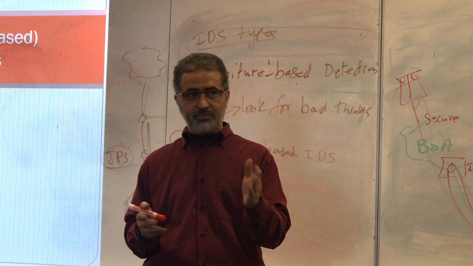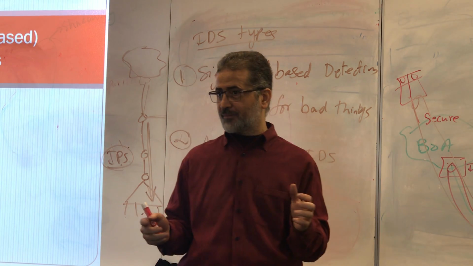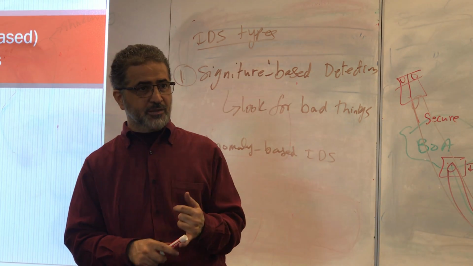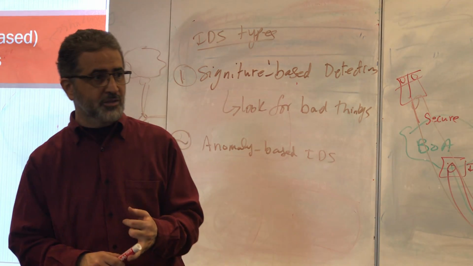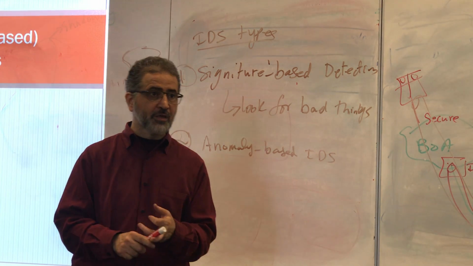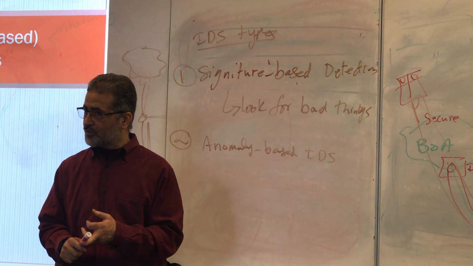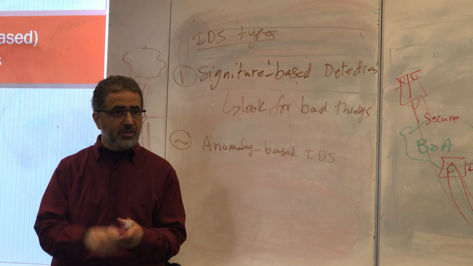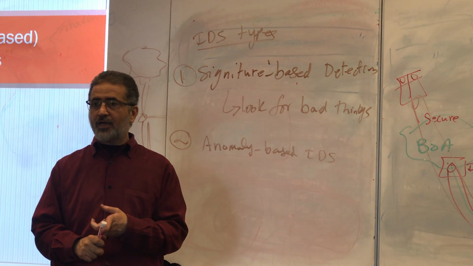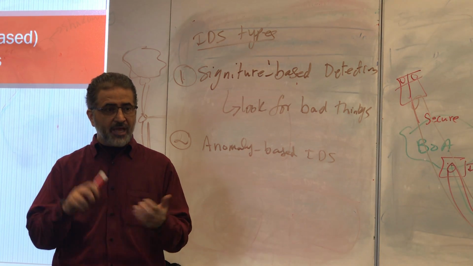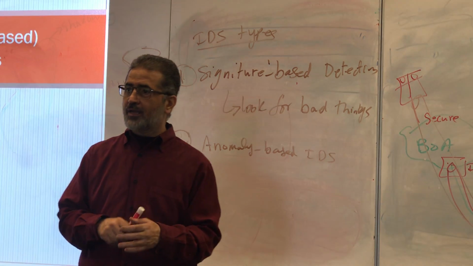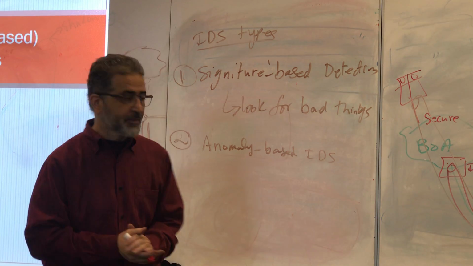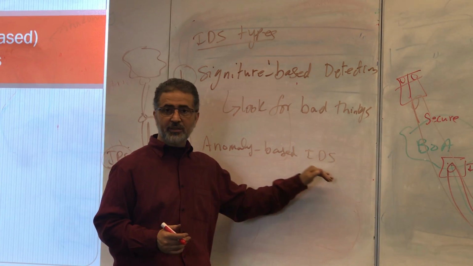That's just an example. I can look at your memory utilization, your network usage, how much you use your network, the number of connections you make, the people you are communicating with. If I see anything abnormal there, I will immediately raise a flag. This is called anomaly-based IDS.